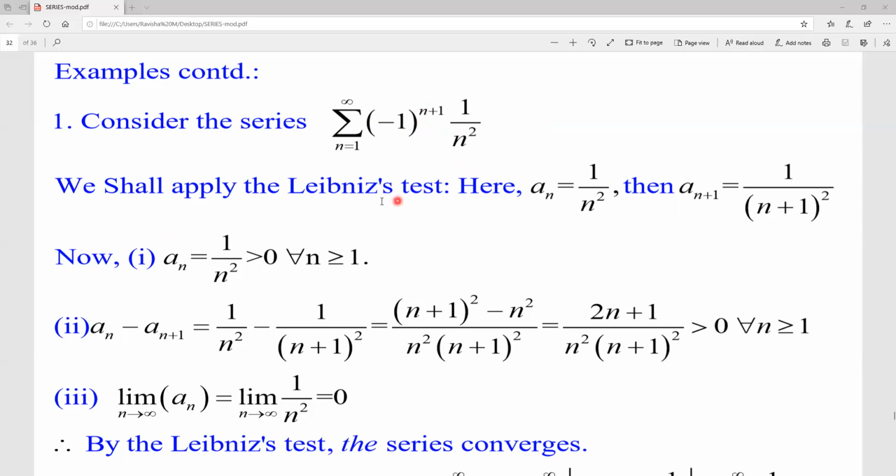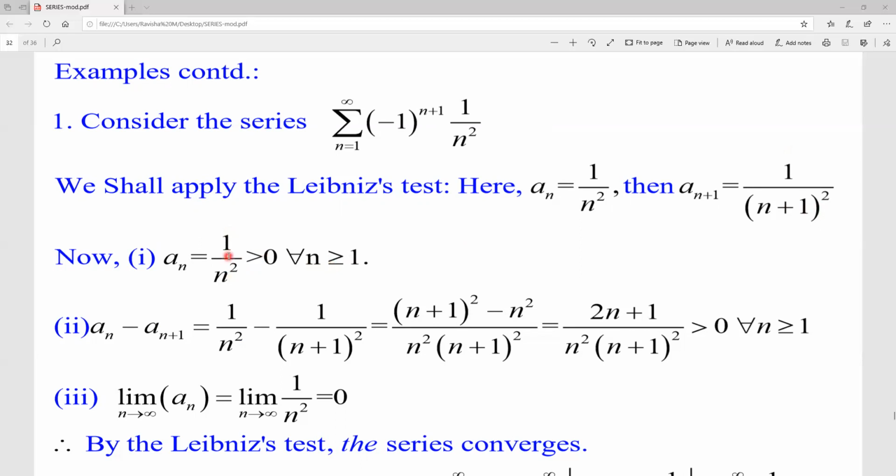Let us apply the Leibniz test here. a n is 1 by n square. The n plus 1 term is 1 by n plus 1 whole square. a n is positive for all n greater than or equal to 1; 1 by n square is positive for n equal to 1, 2, 3, like this.